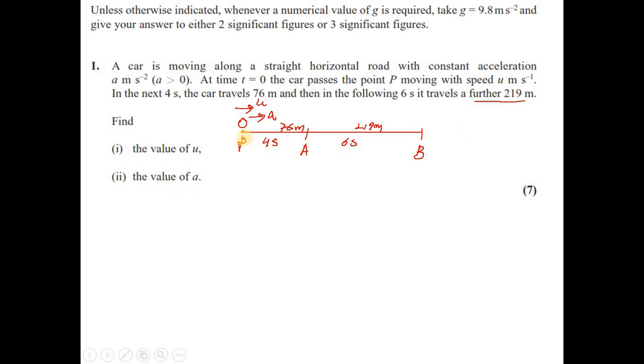We have two unknowns to be found, and that means we need two equations. We have three intervals: from P to A, from A to B, and from P to B. The interval A to B is not useful, because we don't have the velocity at point A, since a and u are unknown.